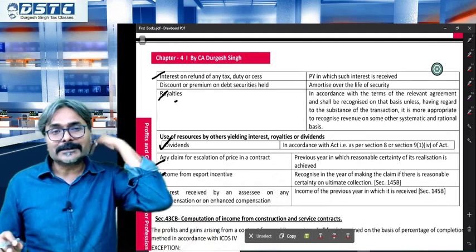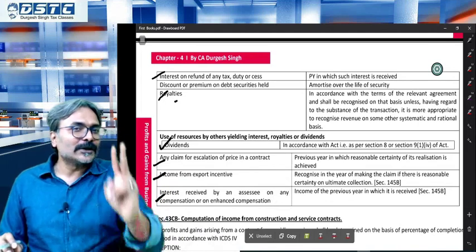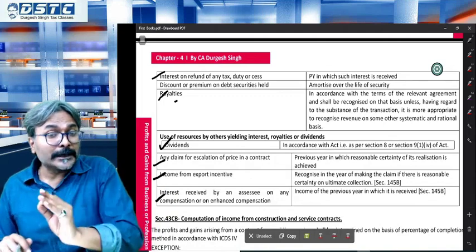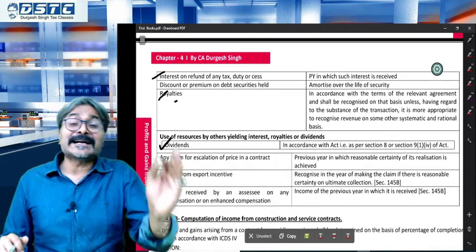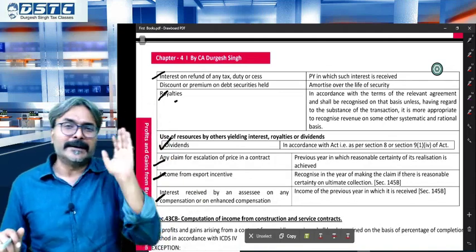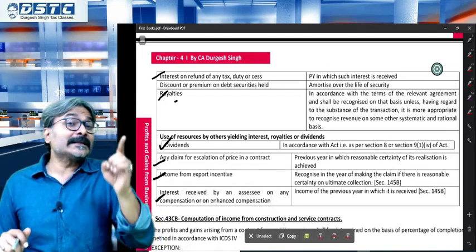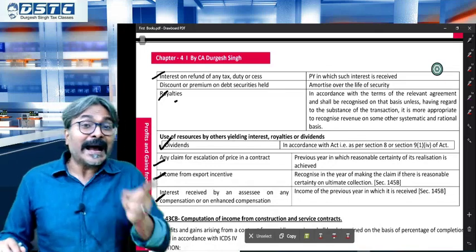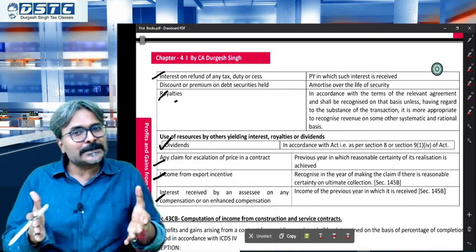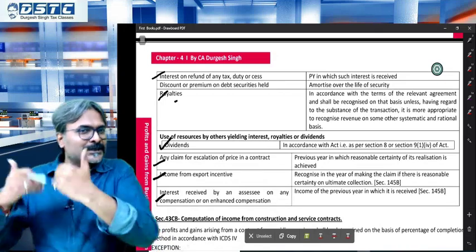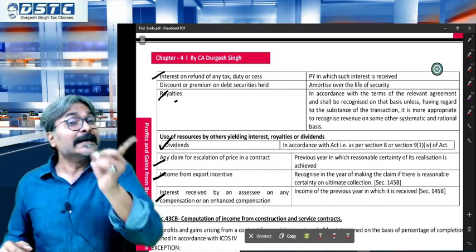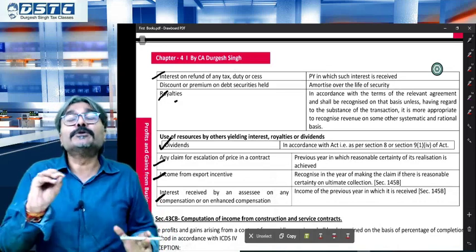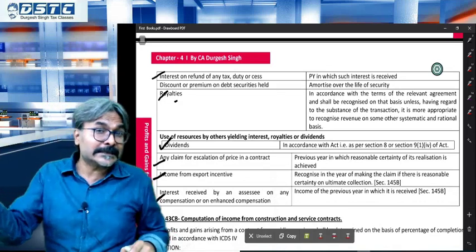Why? Because for these two heads, house property and capital gains, 100% of the computation is based on the statutory provisions in that particular head, whereas in the case of PGBP and IFOS, 70% of the chargeable profit is influenced by the commercial accounting principle, and only 30% is statutory adjustments.